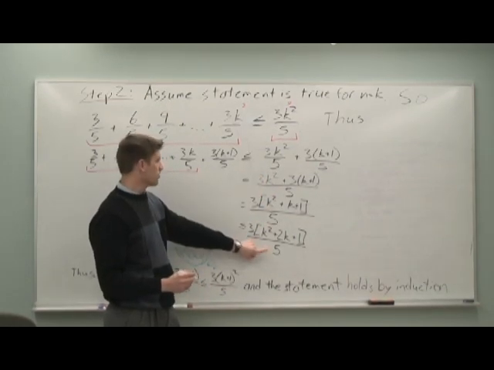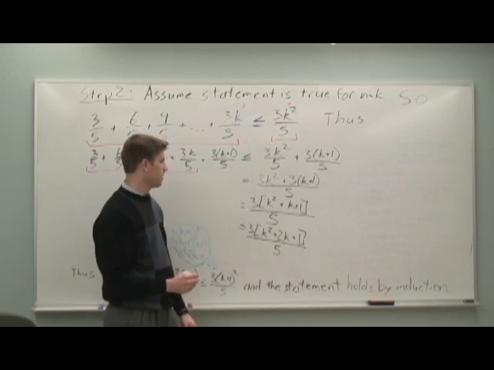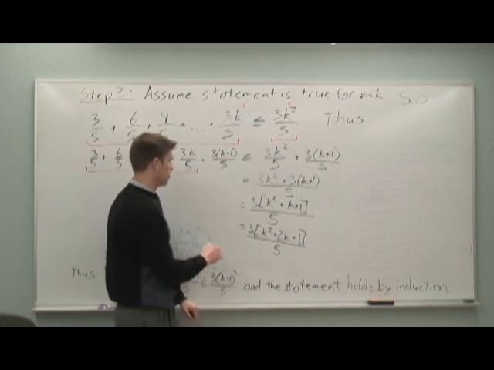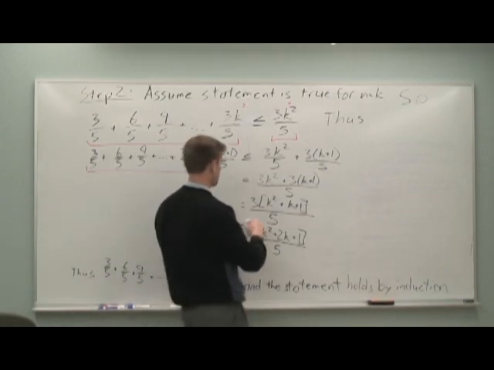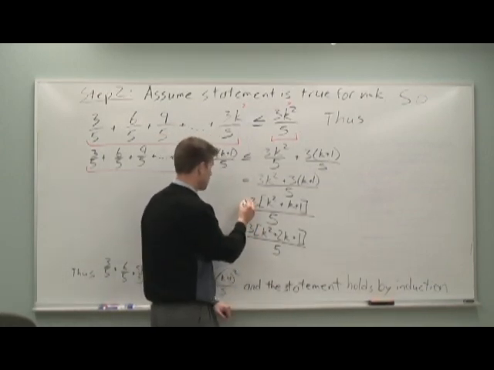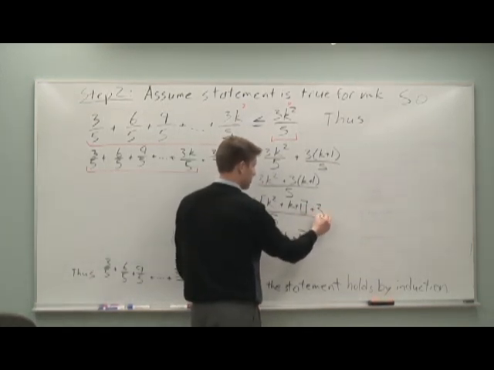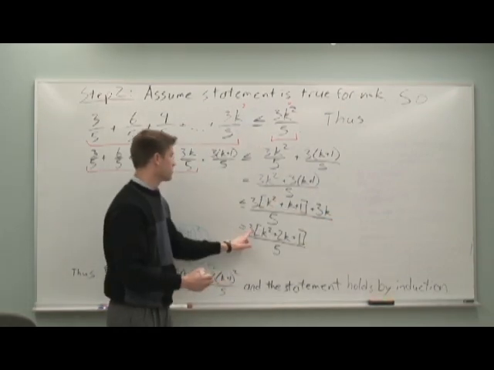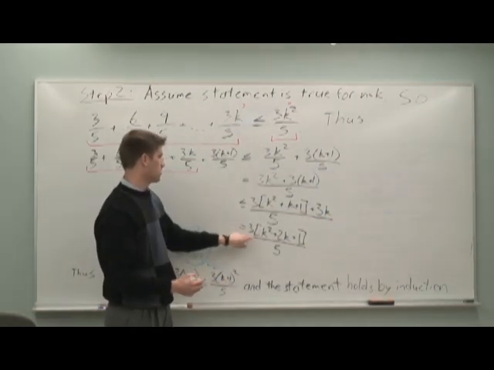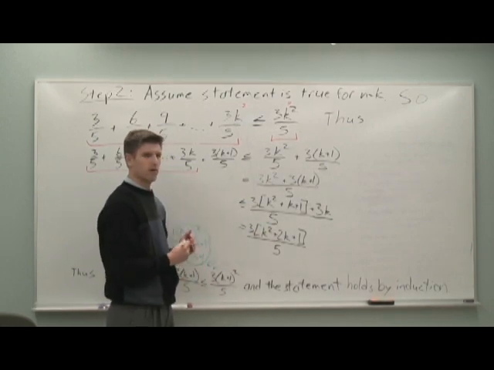Now, if you're uncomfortable about just sticking it in the middle, then this is what you could do. You could go clear back up to this step, and you could say it's less than or equal to this plus 3k. Then you could factor that out, and you would now get 2k there.